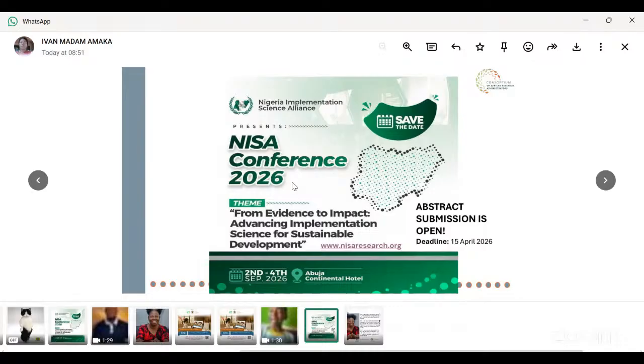We're using this opportunity to invite everyone to the NISA 2026 conference. It's happening from September 2nd to September 4th in Abuja Continental Hotel. If you want to know more about research administration and other aspects of research, including implementation science, we encourage everyone to register. Right now there is a call for abstract submission and the deadline is April 15th.